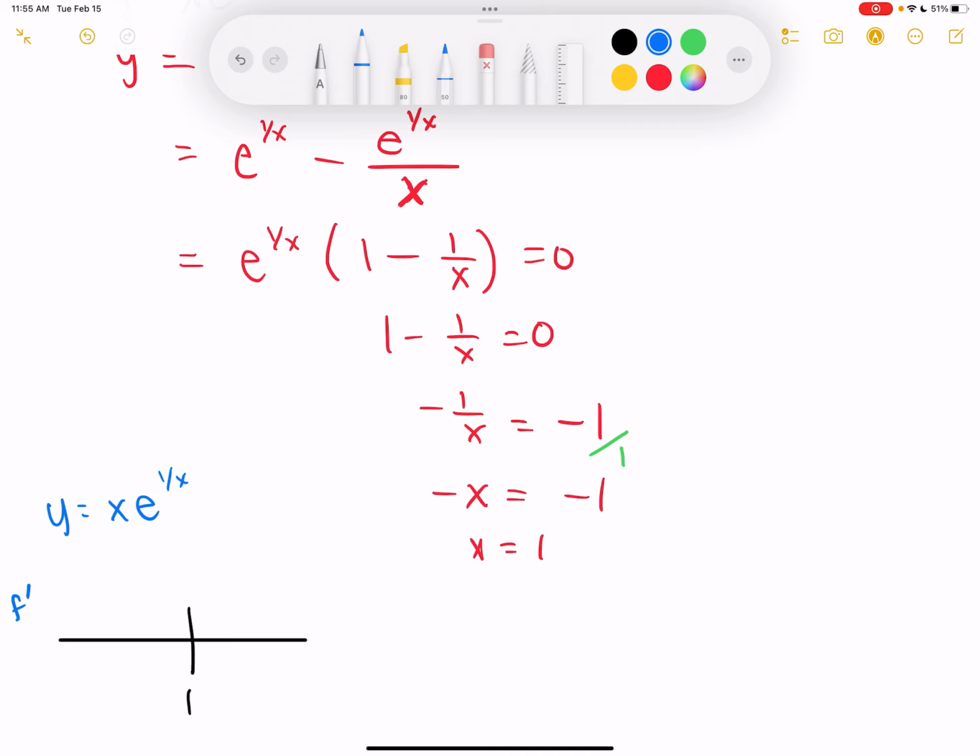So if I plug in 0 to this, I can't plug in 0. Do negative 1 instead. It'll be easier. Technically 0 doesn't work for the function. So it'll make it 0.